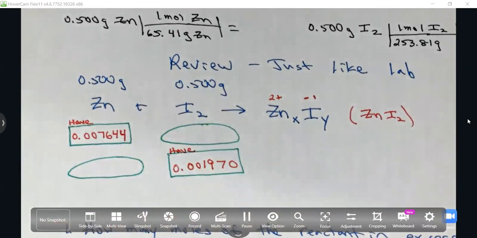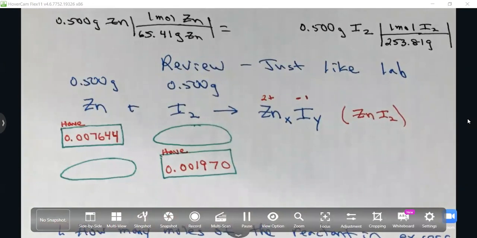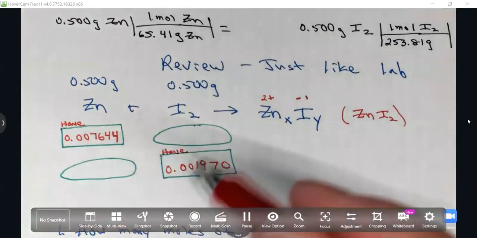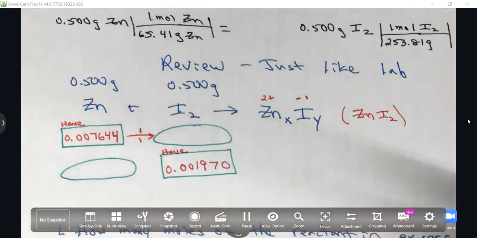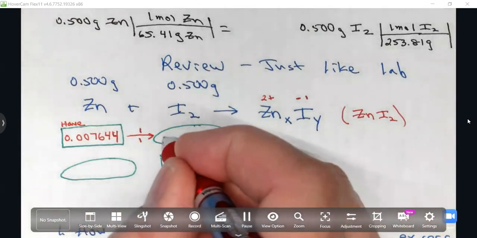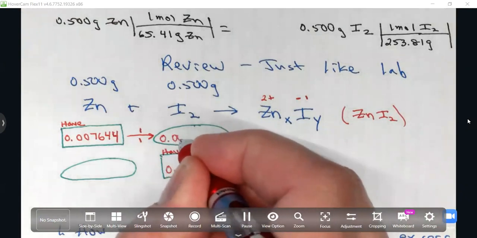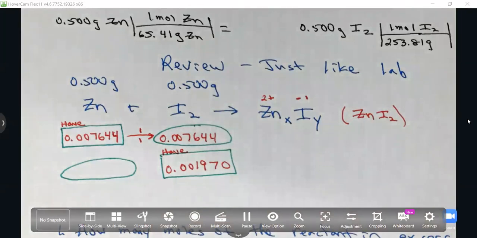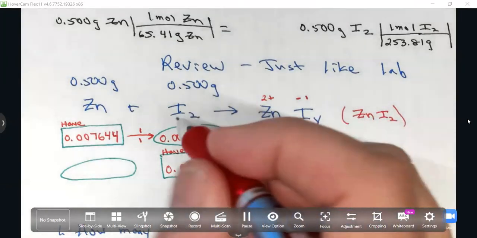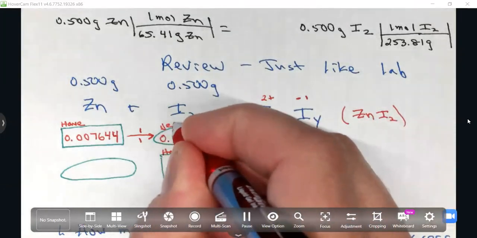You know what makes it nice is everything here is 1 to 1. So we need 0.007644 moles of iodine. This is what we need.